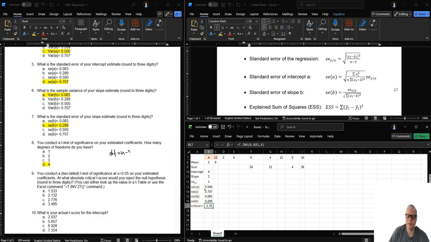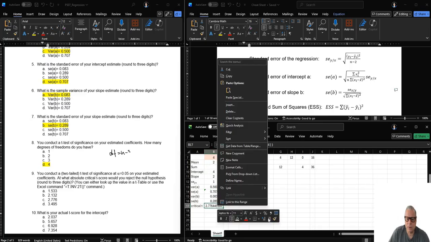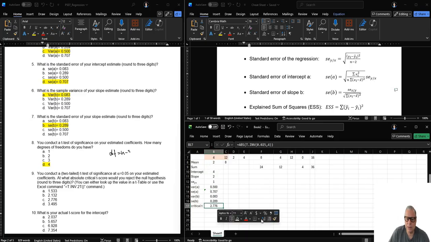And now we get negative 2.8, but I will take the absolute value, and limit it to 3 decimals. Okay. So rounded to 3 digits, it is 2.776.